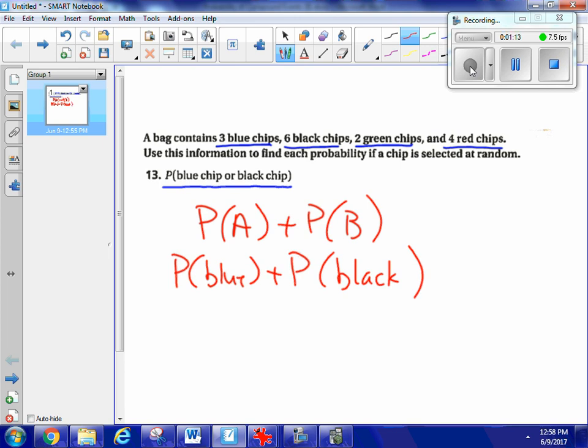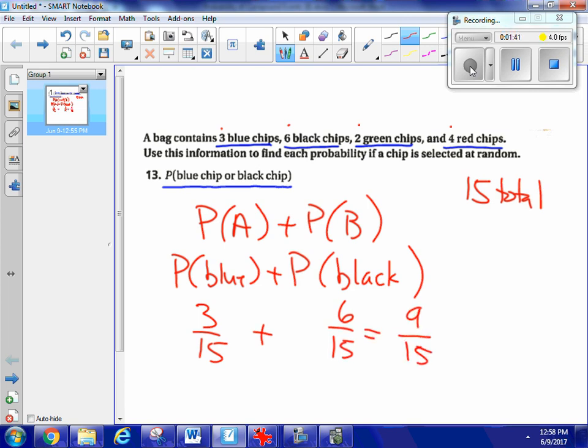So we have 3, 9, 11, 15 chips in total. So I have 15 total chips. My probability of blue would be 3 over 15. My probability of black would be 6 over 15. If I'm adding those together, that gets me a probability of 9 over 15.